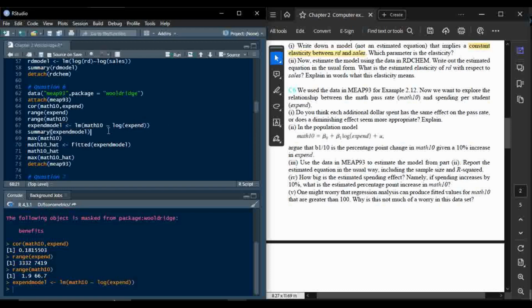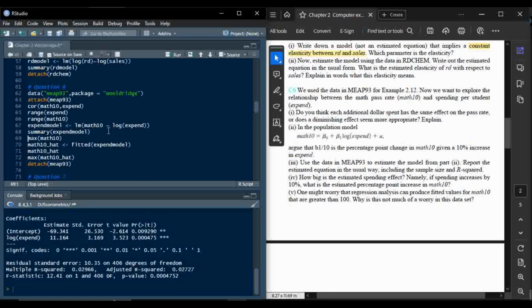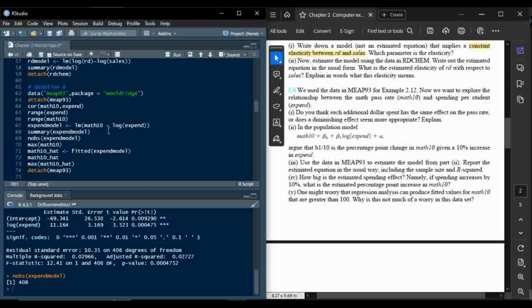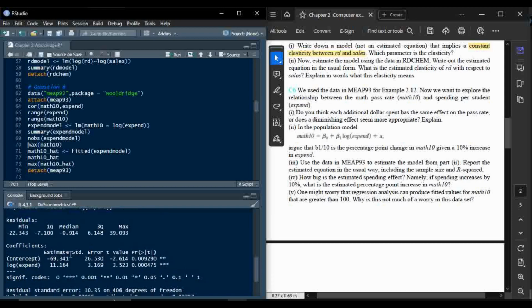Now let's summarize the model and also calculate the number of observations of this model. The number of observations in this model is 408 and the R squared value is 0.029, which is very low, and the intercept is minus 69.34, and the slope coefficient on log expend is 11.16.